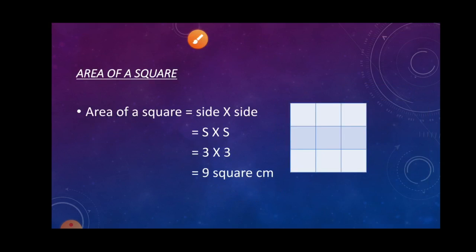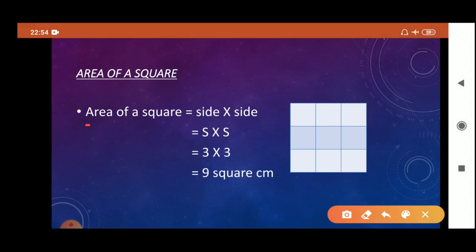Now, let us find the area of a square by using a formula. Here, area of a square is equal to side multiplied by side. Now, as we know that in a square, all four sides are equal.